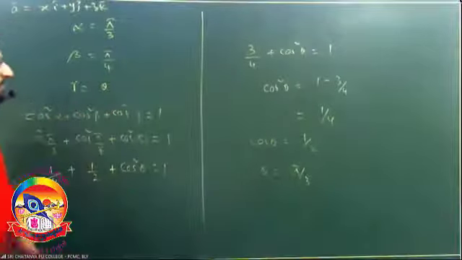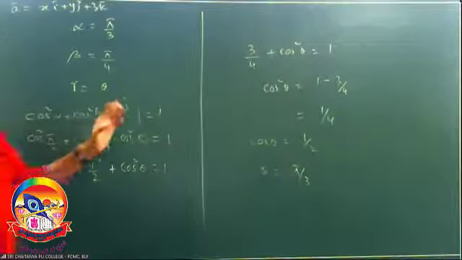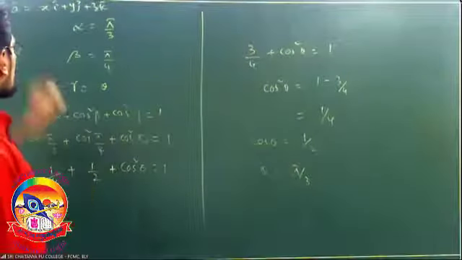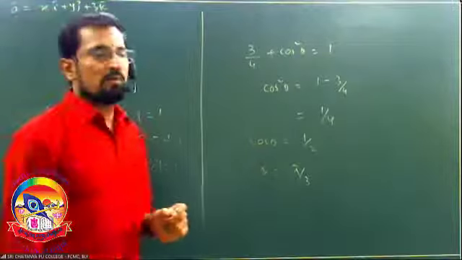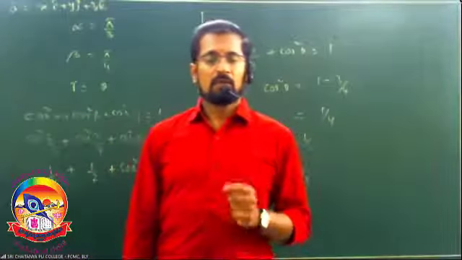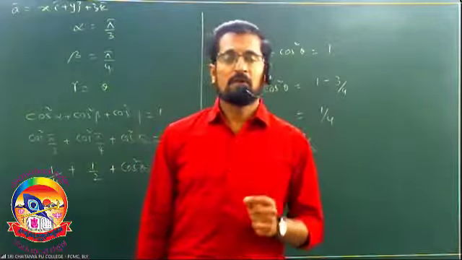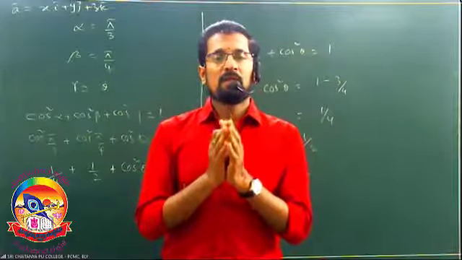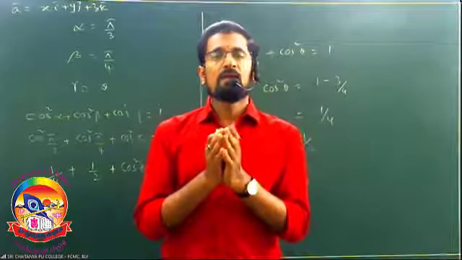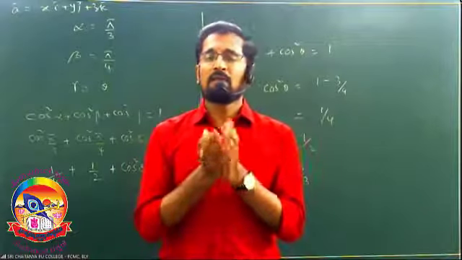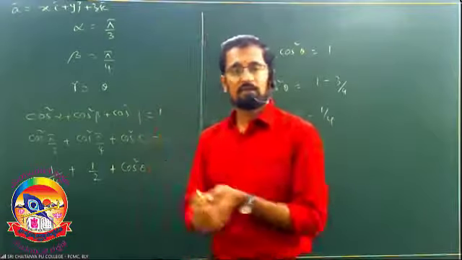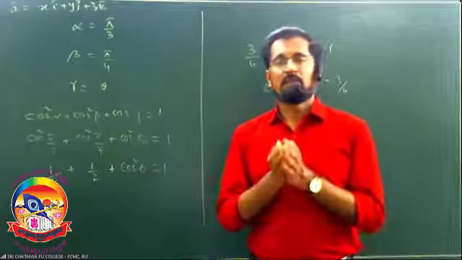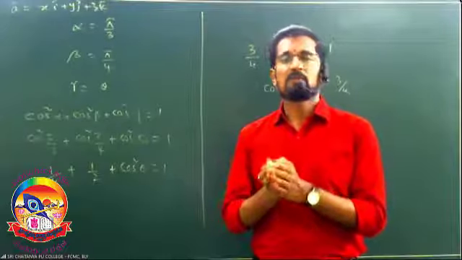Observe this one carefully. I am repeating this problem, you got up to the theta value. First of all, you consider a bar is equal to an unknown vector. A bar is equal to x i bar plus y j bar plus z k bar. Let alpha be the angle made by the line with the positive x-axis, and beta is the angle made by the line with the positive y-axis, which is nothing but j bar.